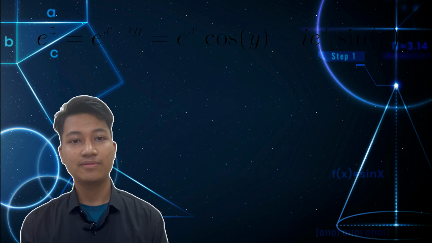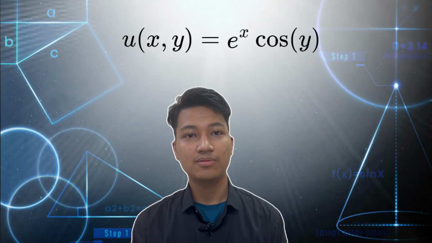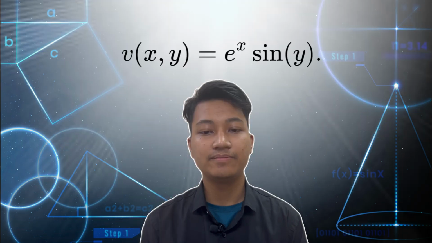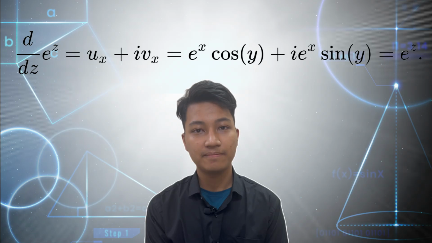So, solution, we write e to the z in terms of u and v, and computing partial derivatives, we see that ux equals vy and uy equals minus vx, so that the Cauchy-Riemann equations are satisfied. Thus, e to the z is differentiable.